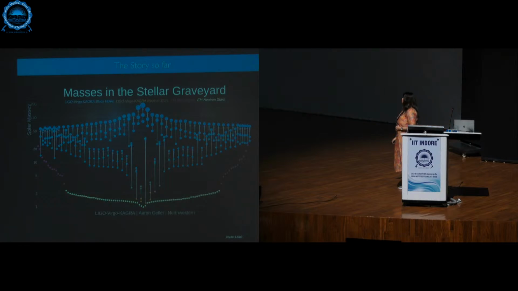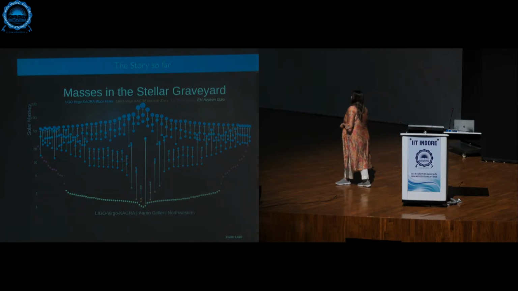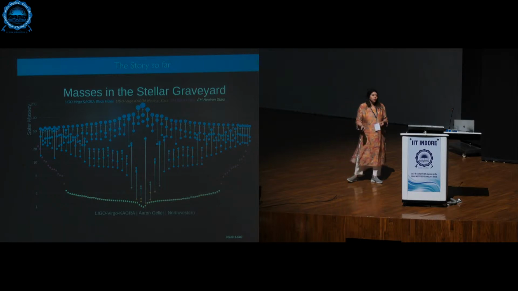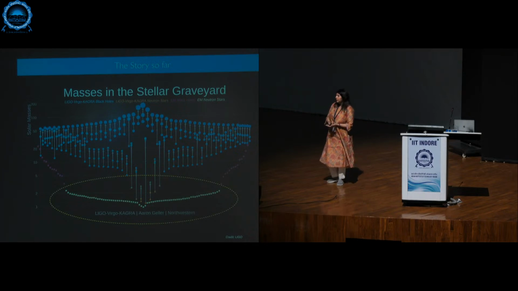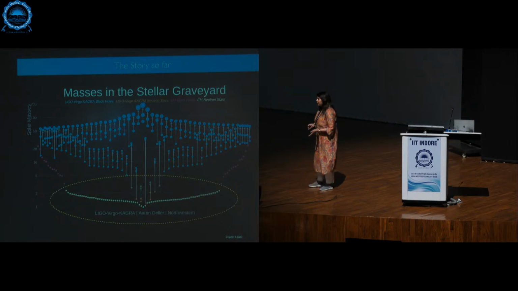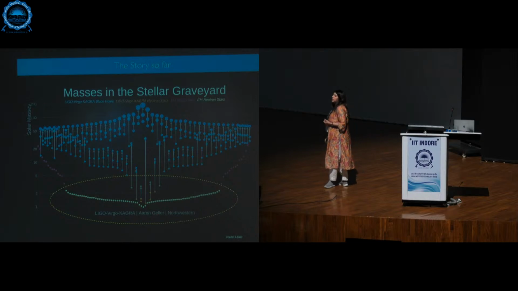This is a summary plot for the detections of both electromagnetic and gravitational wave sources that correspond to the last observed catalog from the LIGO-Virgo collaboration. At the bottom you can see all the neutron stars that were detected in electromagnetic observations. The light yellow ones were detected in multi-wavelength electromagnetic observations, and the orange ones were detected in gravitational waves.